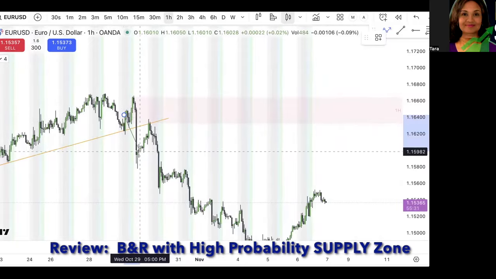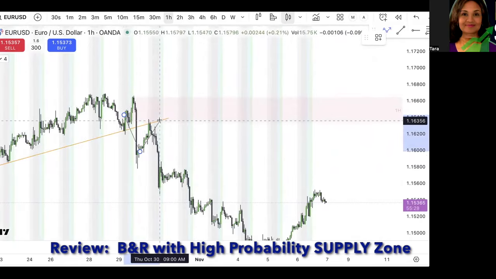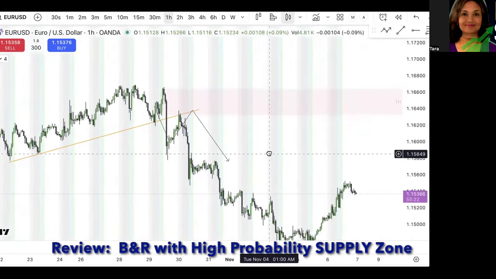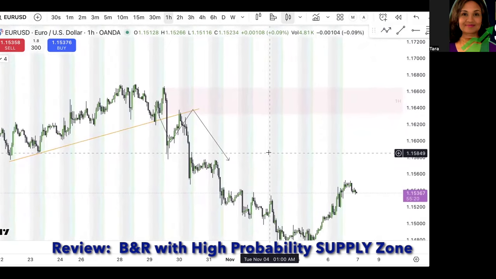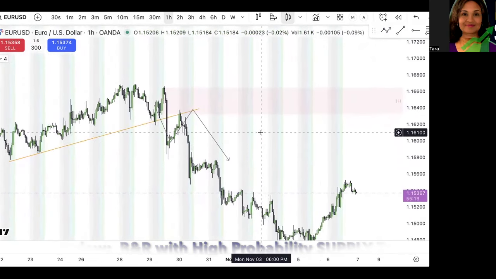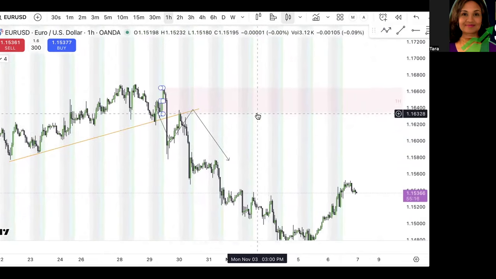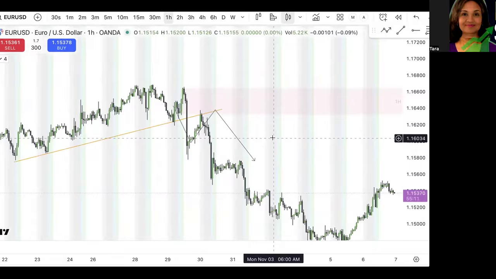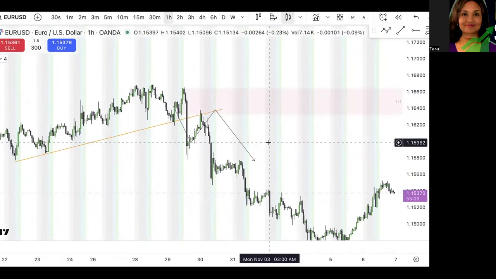It came down and broke the trend line, came back up into the trend line to retest it, and also went up into supply, and then continued downward. All right, and so that's a good example of our strategy, which is break and retest, using our supply zone as another confirmation that price is retesting and may continue downward.